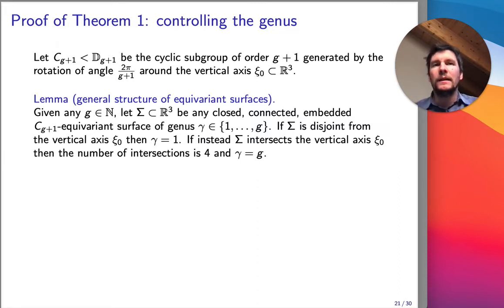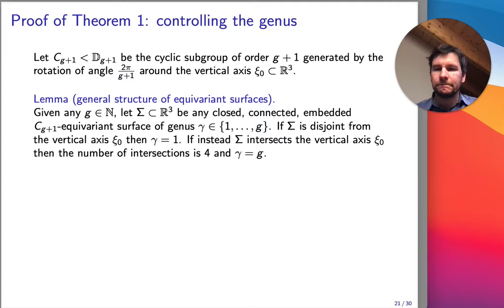And remember that if we take two rotations around the horizontal axis of 180 degrees, then we get a rotation around the vertical axis. Okay? So this is a subgroup of order g plus 1. The rotation is of angle 2 pi divided by g plus 1. And the vertical axis we call psi 0.